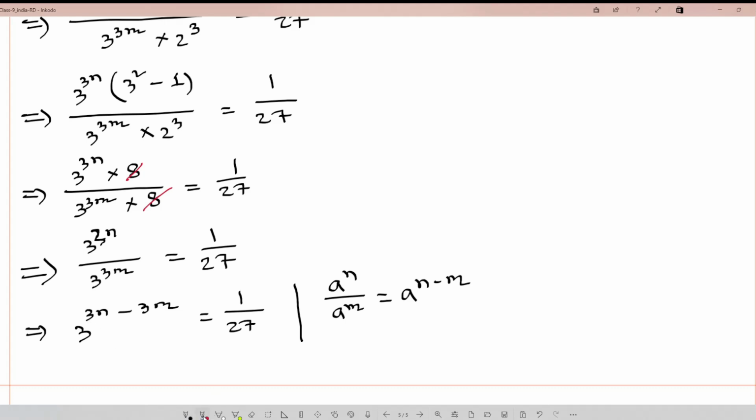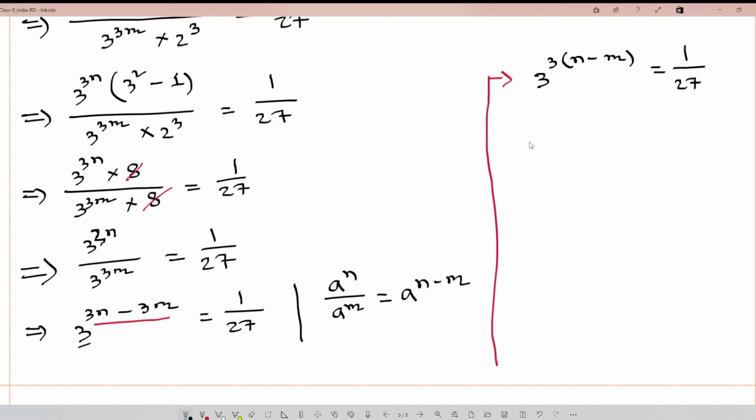So here is the same thing. Here we can write the next line: 3 to the power 3 times n minus m, taking 3 common, equals 1 divided by 27.